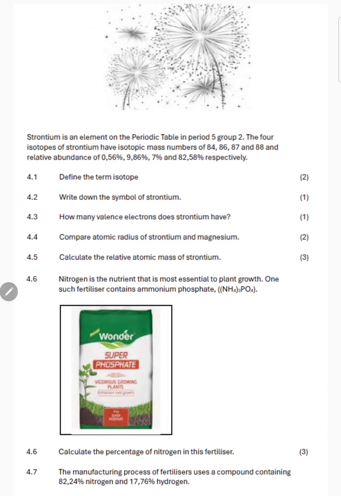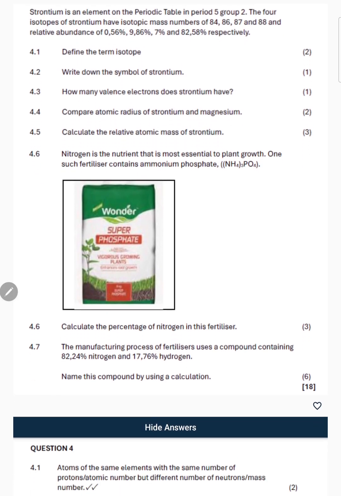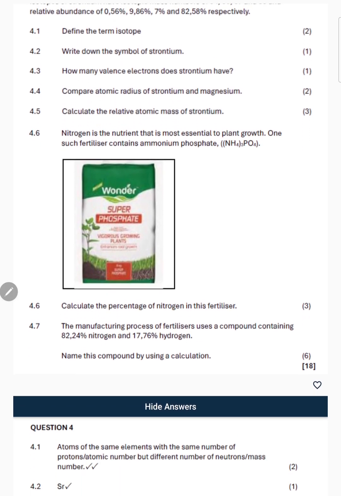This is important: periods run horizontally, but groups run vertically. So you go to period 5, group 2, and you get the element there, which is Sr. That is the answer for 4.2.